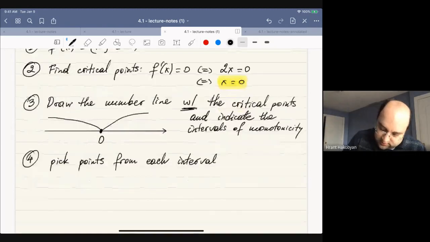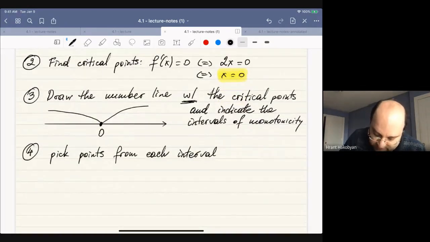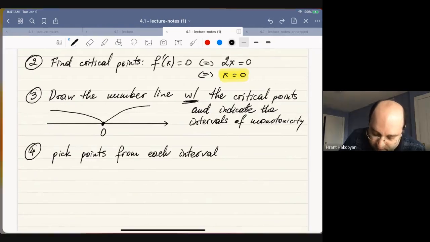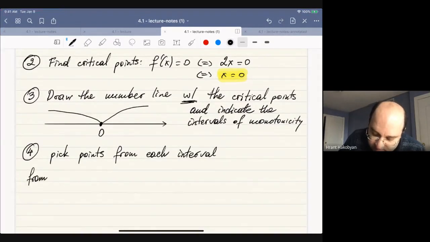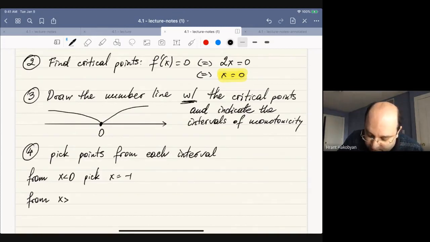In this case, I'm going to pick a point. From the interval x less than 0, pick x equals -1. And from x greater than 0, pick x equals 1. Then evaluate the derivative at that point.